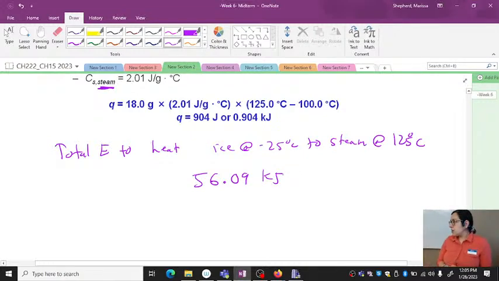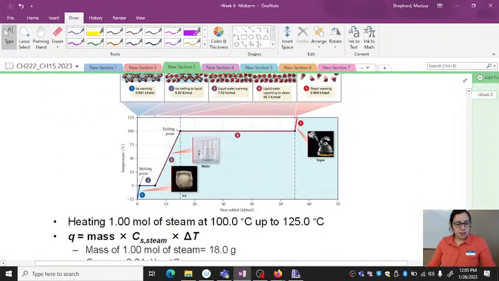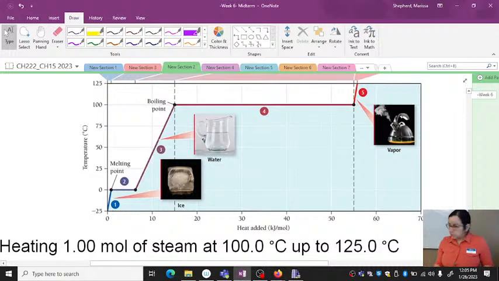So questions about that process, how to do it? It's all the same equation, right? They kind of repeat the same equation. And you kind of saw the key point being anytime you have a temperature change, you need some sort of heat capacity.